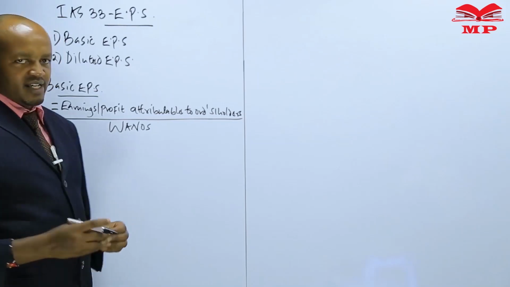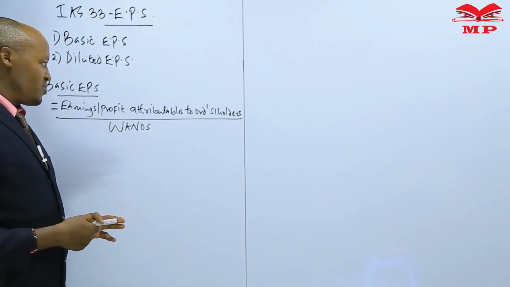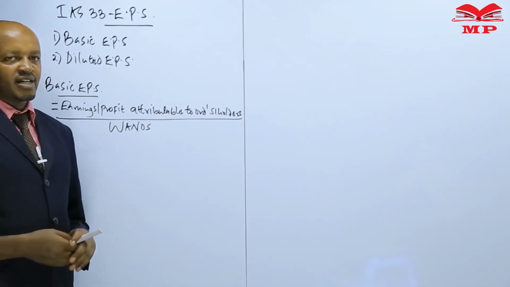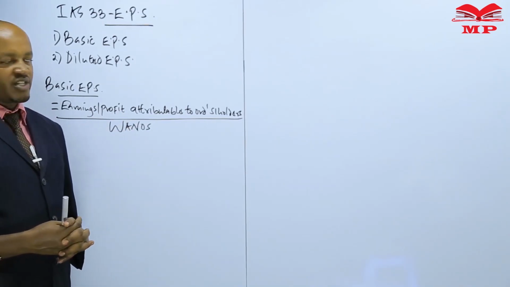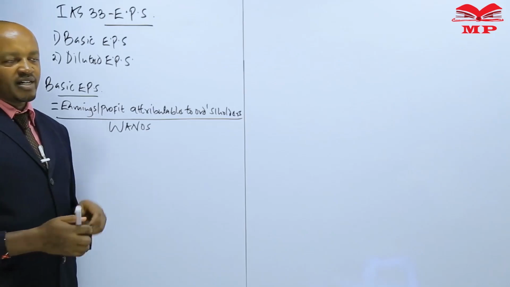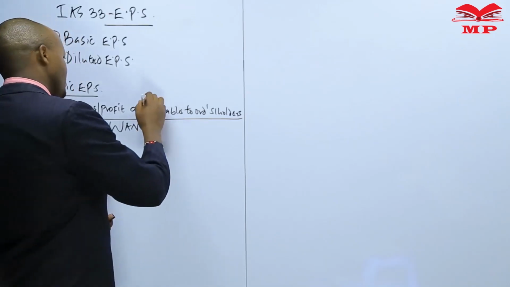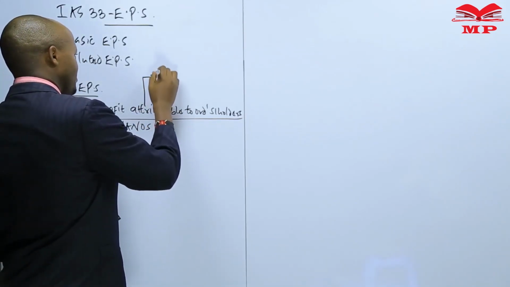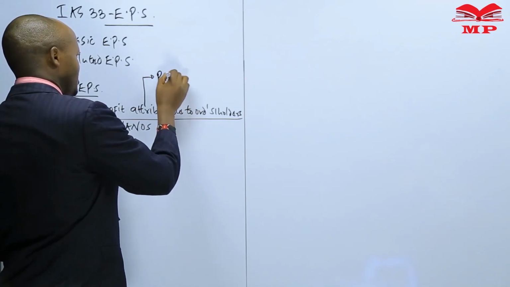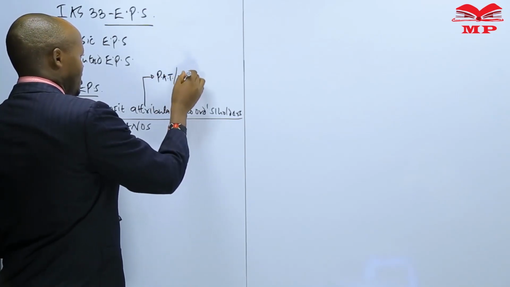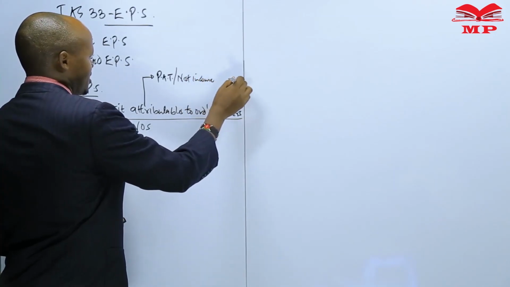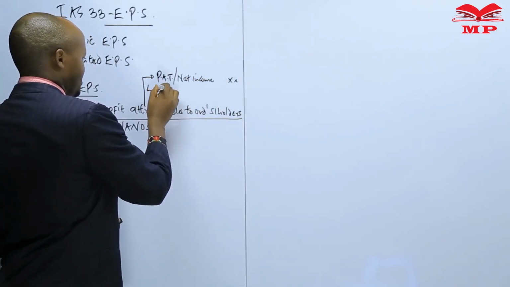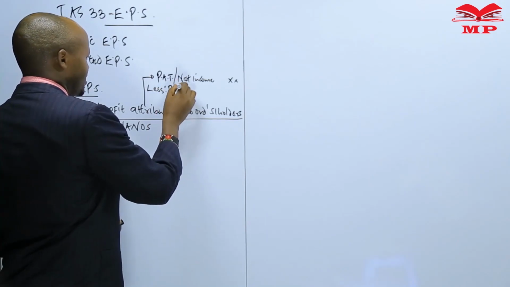Now, remember what we said in our previous class is that when computing this profit or the earnings attributable to ordinary shareholders, we are supposed to take the company's profit after tax, or what in other terms we refer to as the net income, and then to that we less the preference dividends.